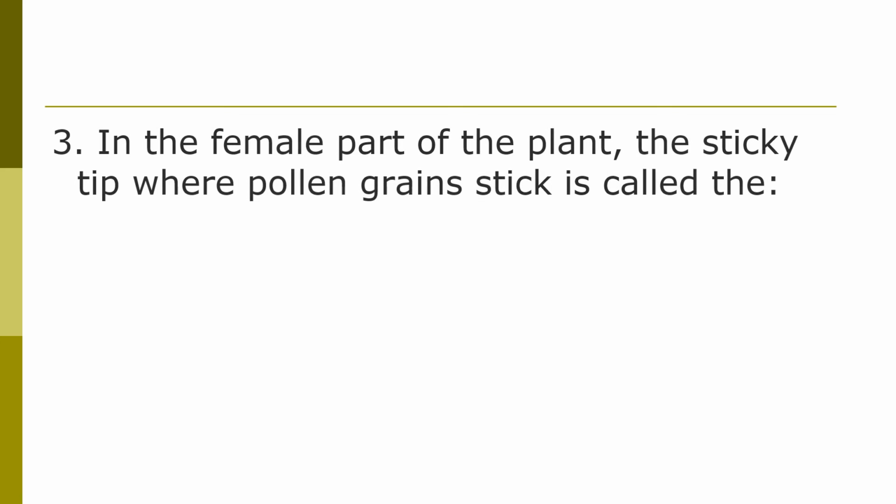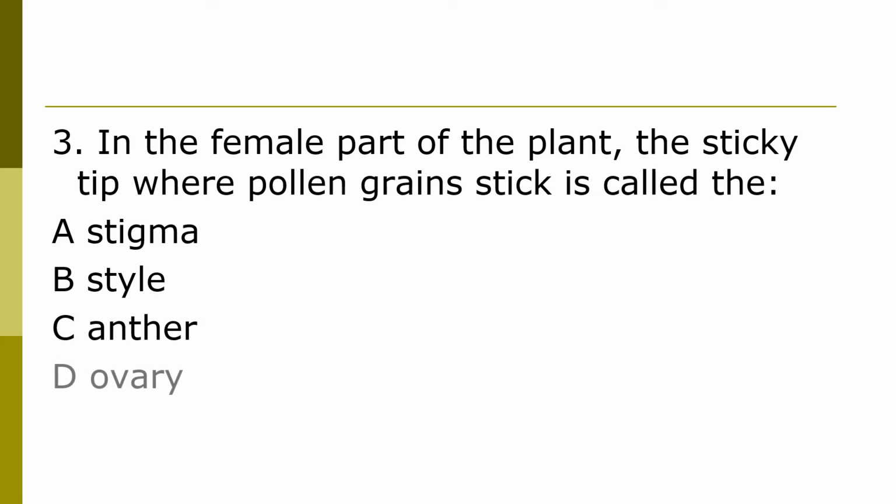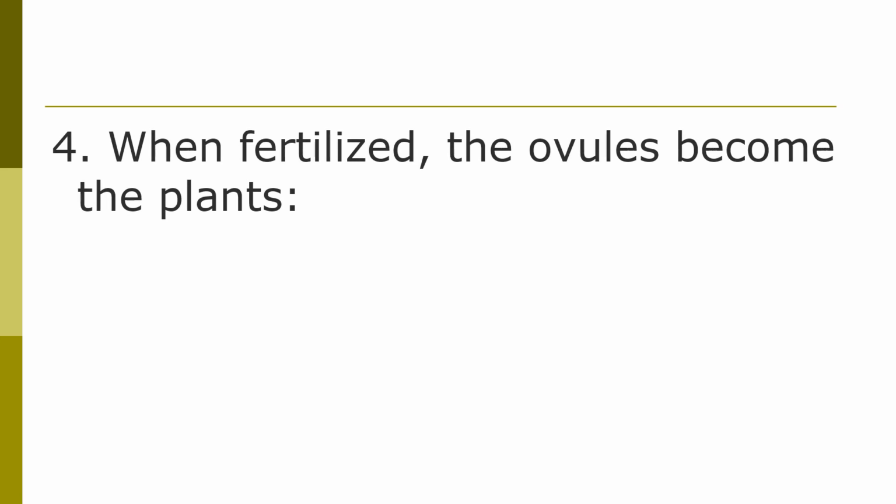Number 3. In the female part of the plant, the sticky tip where pollen grains stick is called the blank. Letter A. Stigma. B. Style. C. Anther. D. Ovary. For number 4, when fertilized, the ovules become the plant's blank. Letter A. Flower.